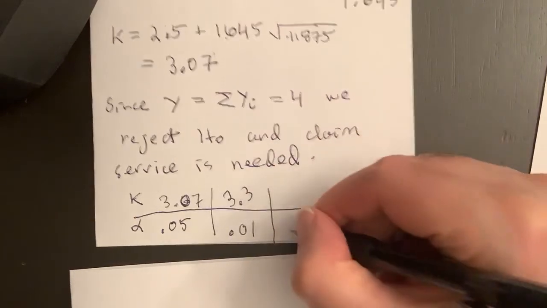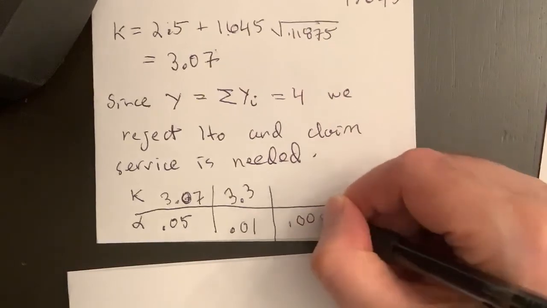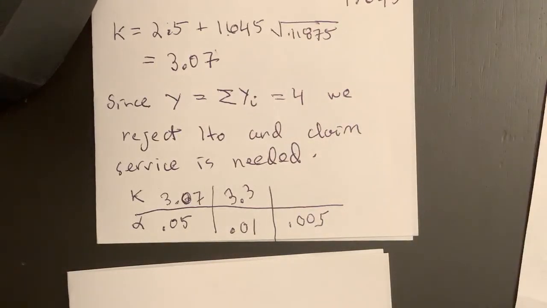What if I had 0.005? What would I get there? If I do it there, I get Q norm 0.995.